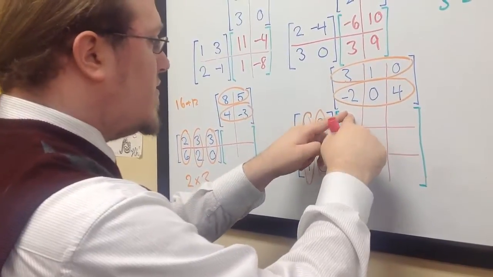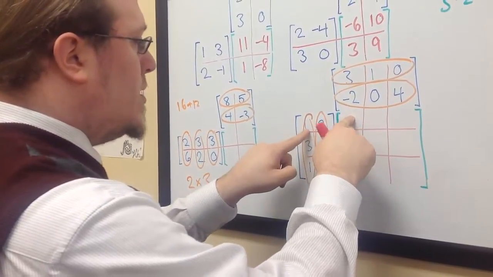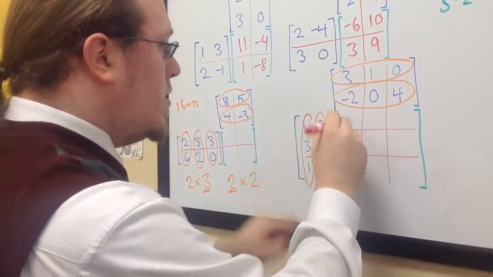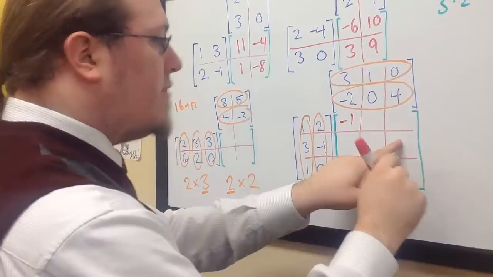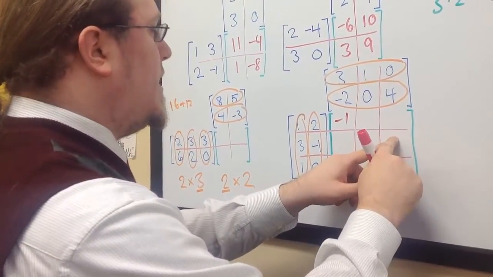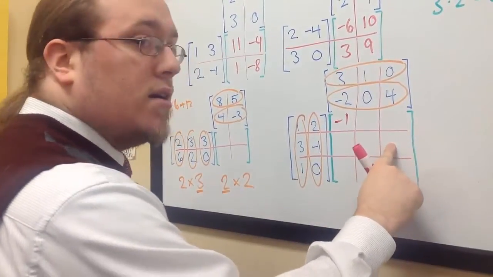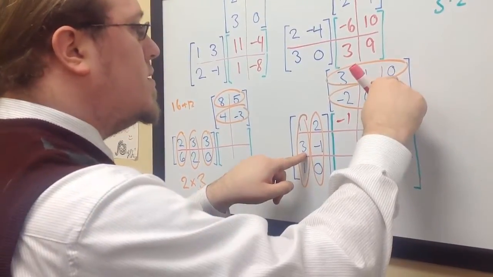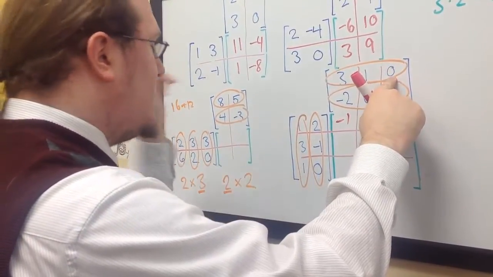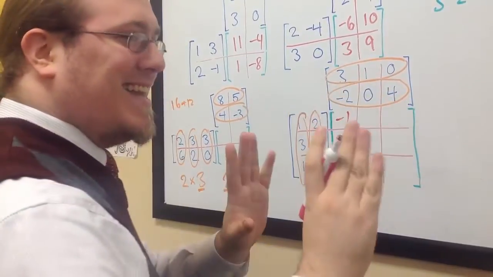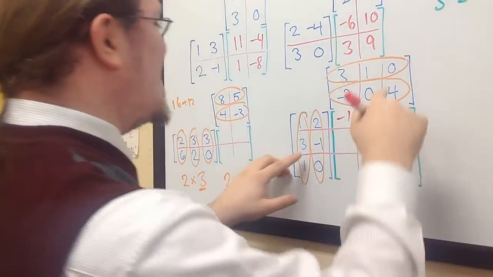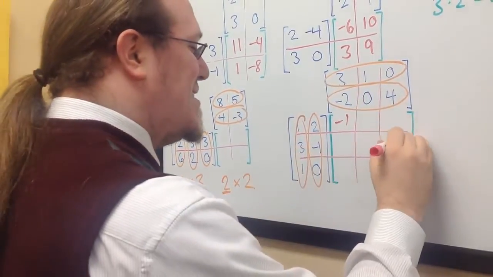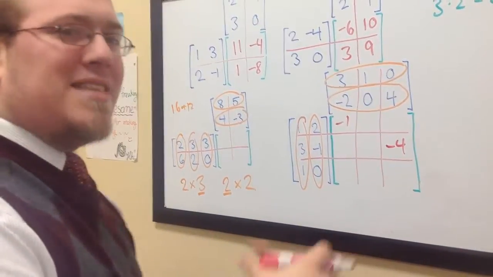For this one, you would do 1 times 3, okay, it's 3, and negative 4 would be negative 1. And over here, you would do 3 times 0, so that's 3, and then multiplying here. It's late, I'm taping this at about midnight, but anyway, okay, so 0 plus negative 4 is negative 4. So you kind of see how this would work.